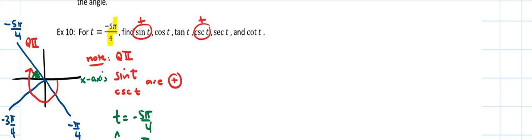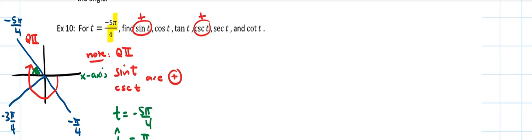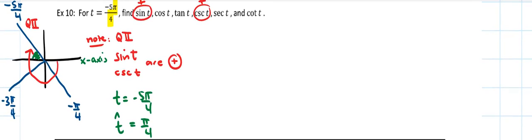Now, good news for us is that pi over 4 is a special angle. I'm going to move back into the screen. Remembering that pi over 4 is that 45, 45, 90 triangle. And those sides of the triangle, each of the legs we can say is a 1, and the hypotenuse is the square root of 2.